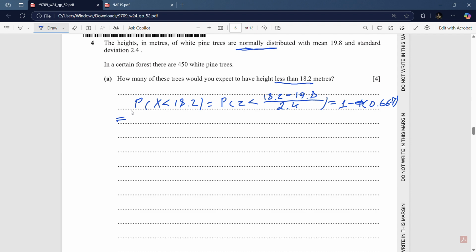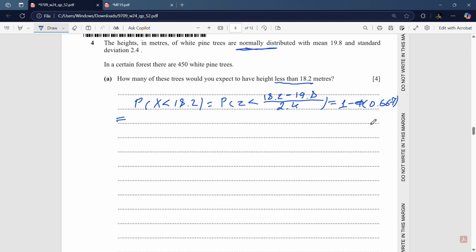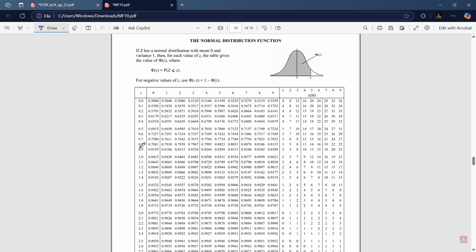And in the exam we will be given an MF 19, so here we had 0.667, so we should find from the normal distribution table its value. So it was 0.6, so 6, and we will add here 7.